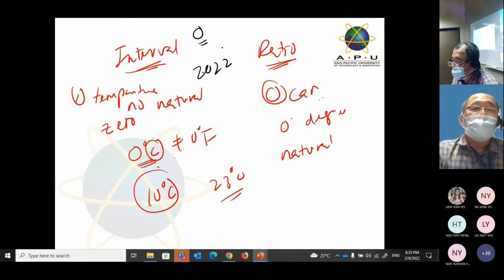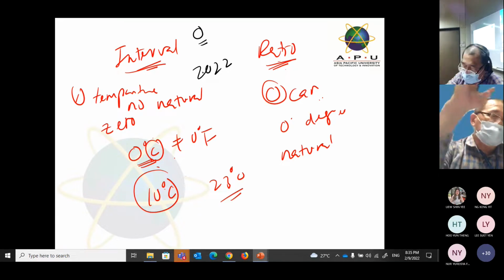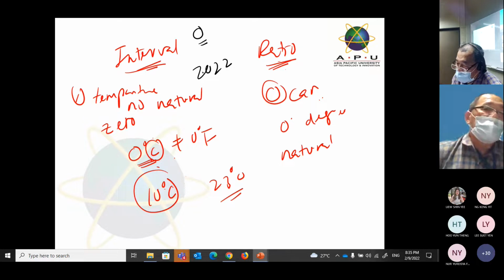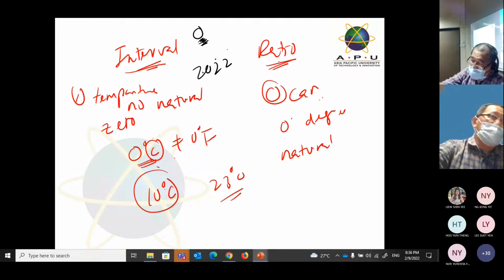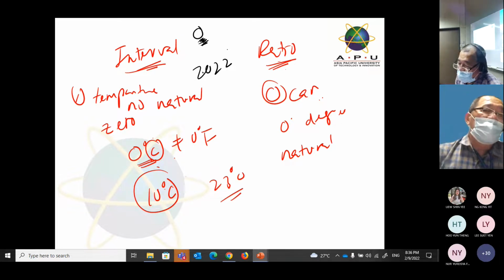This is because of a religious reason. Different calendars also. You follow the Western calendar, therefore 0, now 2022. But even different religions and different races have their own calendars. Therefore, this 0 is not natural.